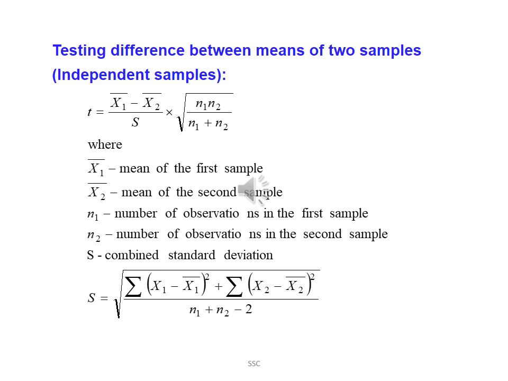The formula is also given here: summation of x1 minus x bar whole square plus summation of x2 minus x bar whole square, divided by n1 plus n2 minus 2. Kindly note that the degrees of freedom of the second type of t-test is n1 plus n2 minus 2.